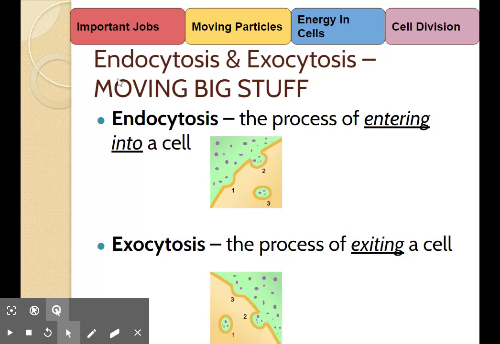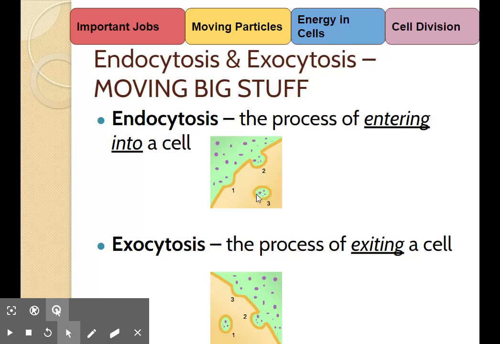So when we move that big stuff, we talk about endocytosis and exocytosis. Endocytosis is entering into a cell. 1, 2, 3. Particles are slowly crossing the membrane.